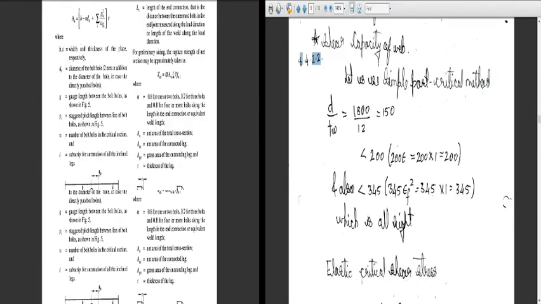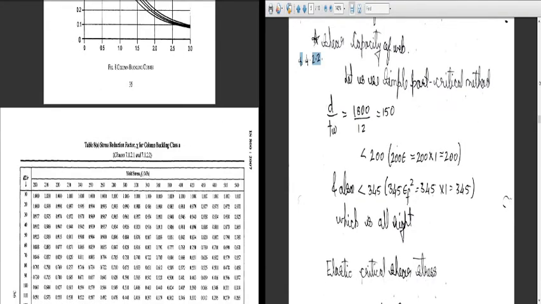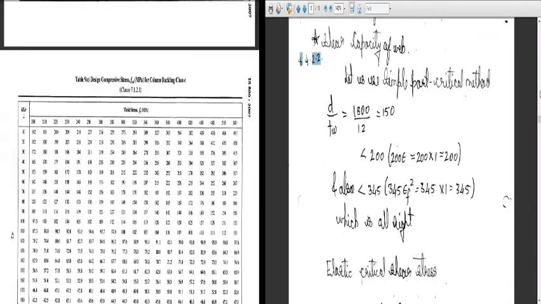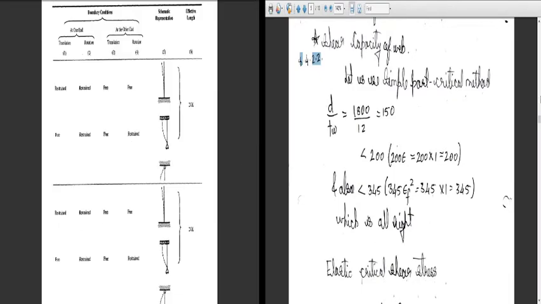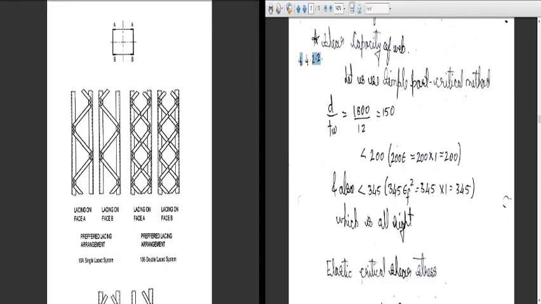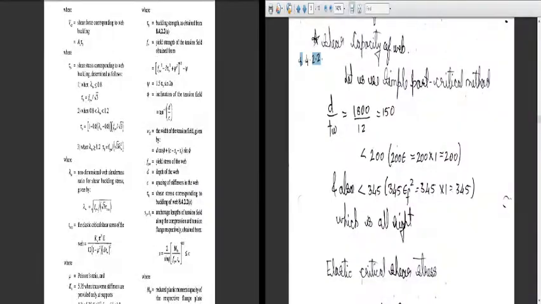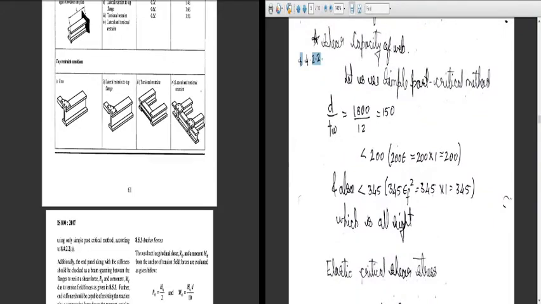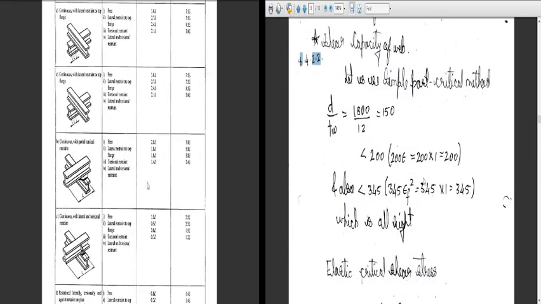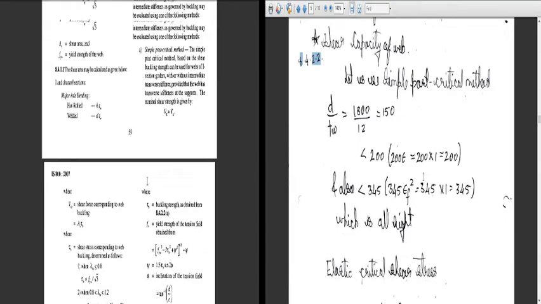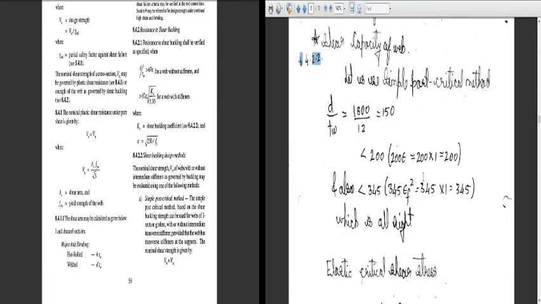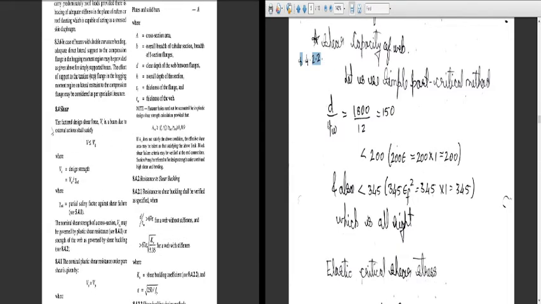In the code book, these are the clause numbers here, and these are the tables. So 8.4.2.2, here is the strength for shear. So 8.4 is for shear, you can see.